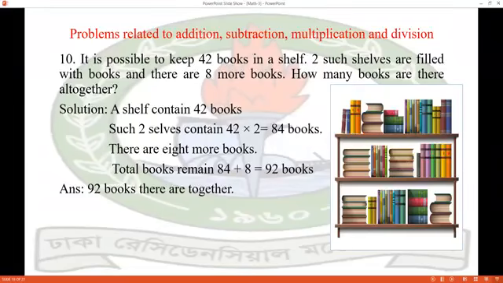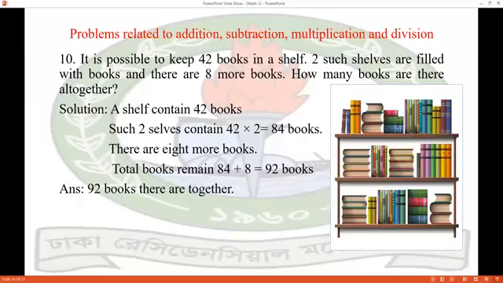One is 42, one is 42. So for two shelves we have to find it by multiplying by 2. Then there is another condition, there are 8 more books. So we have to add the 8 books to the total books. Then we get the number of total books.